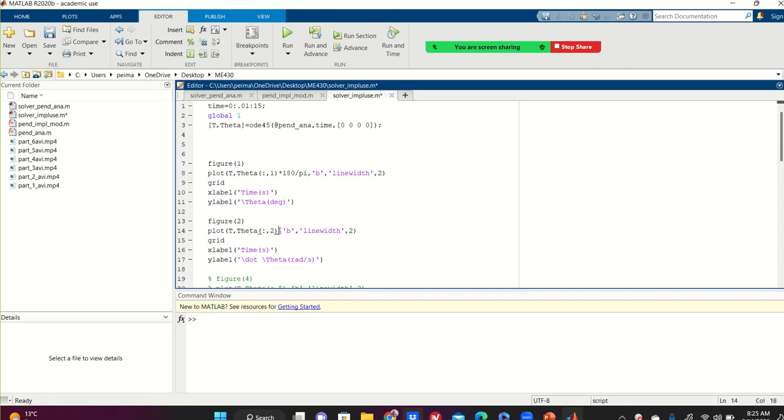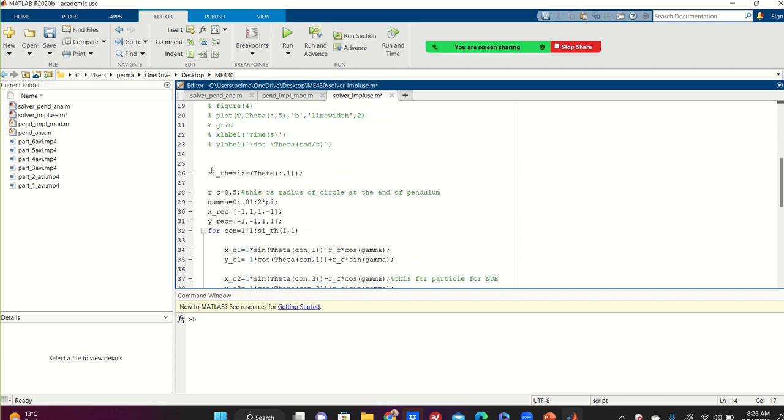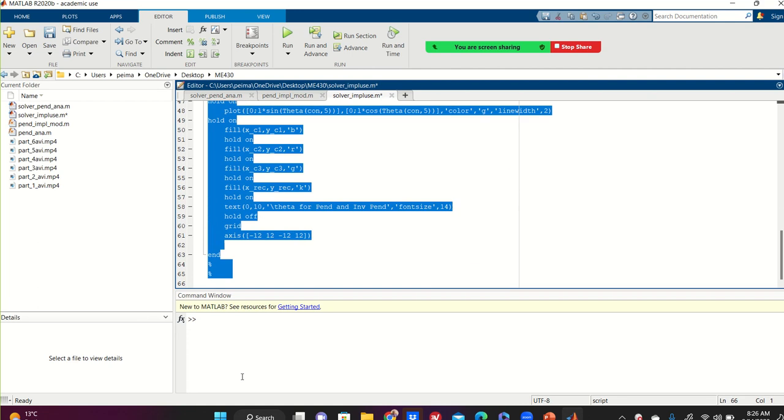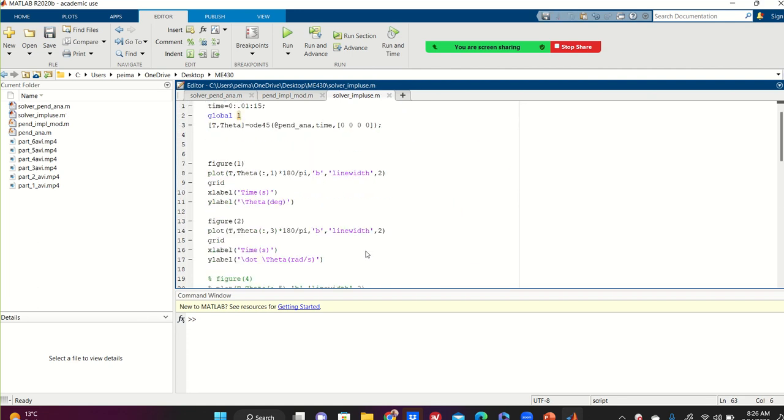I'm going to plot the angle of the pendulum without impulse and with impulse, M3, but the initial value is 0. I'm going to put this comment for not simulating yet, just discussing the plots.